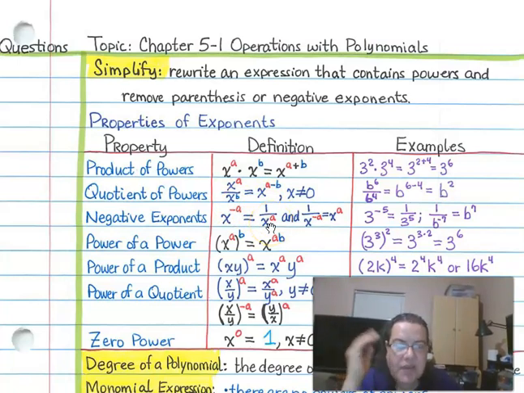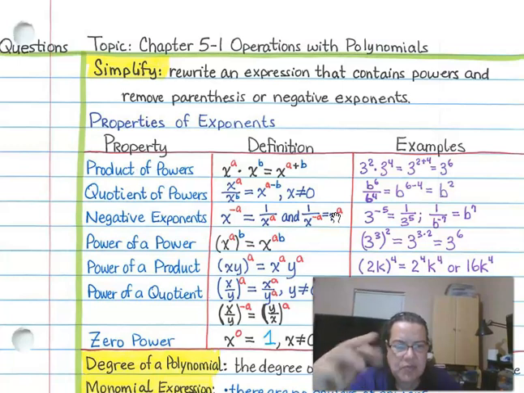Well, what if you had 1 over x to the negative a, but the x to the negative a is like a quotient, right? And so this time, the same thing, reciprocal, you flip it. When you flip it to the top, it's like 1 times x to the a, and you remove the negative.